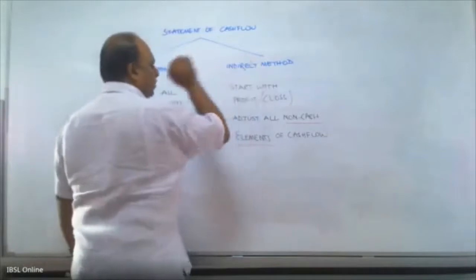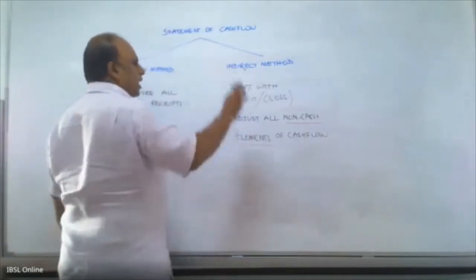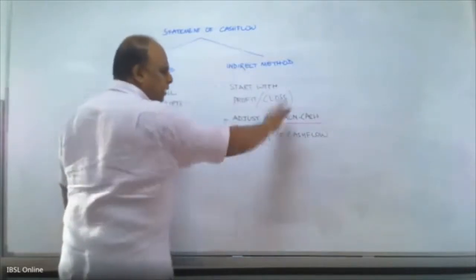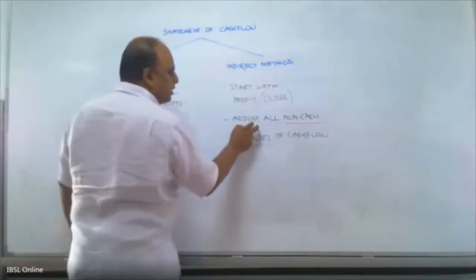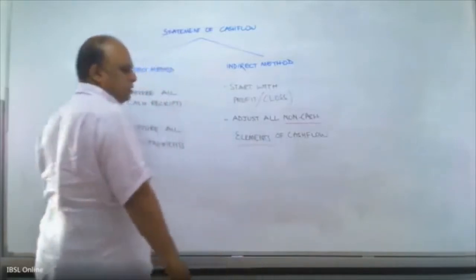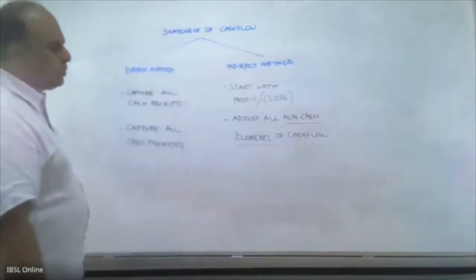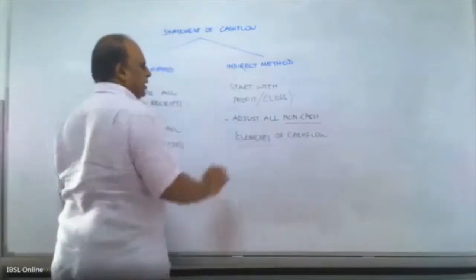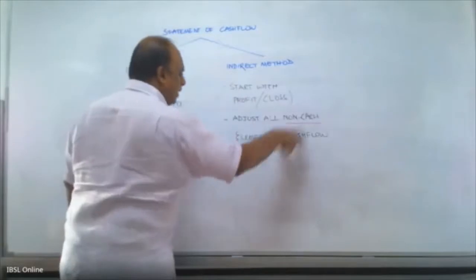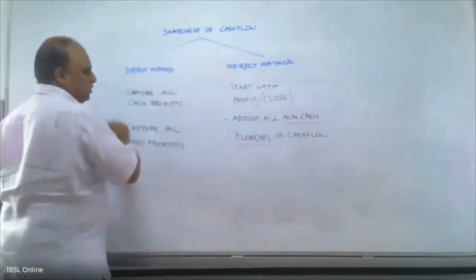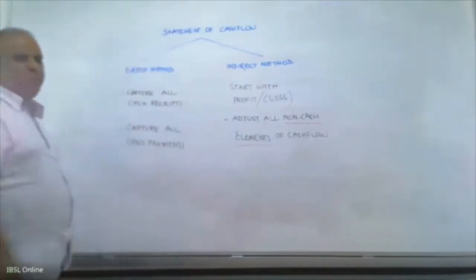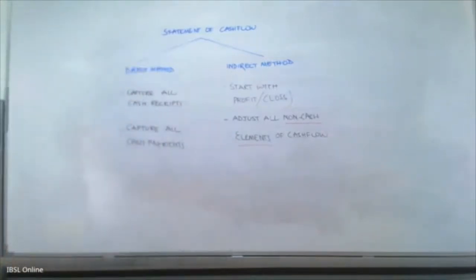You can go for the indirect method. What do I do there? I take the starting point as the profit or loss. I need to eliminate all the non-cash elements of the business, all cash flows that have non-cash elements. So when I eliminate those, automatically I am coming to this. Right? So the methodology that you adopt is slightly different between the two. Okay? So please take down this.